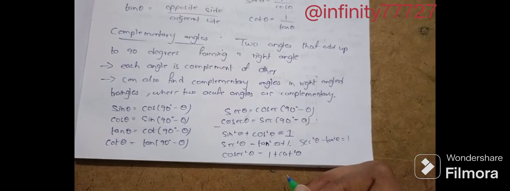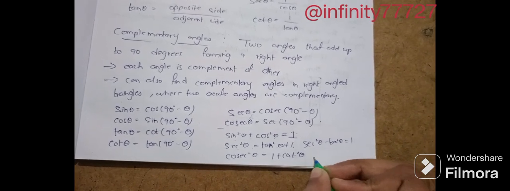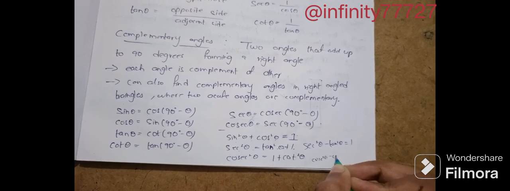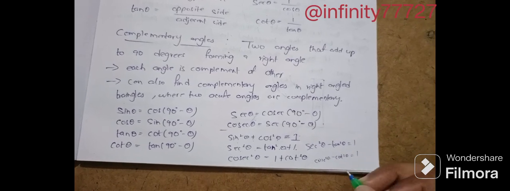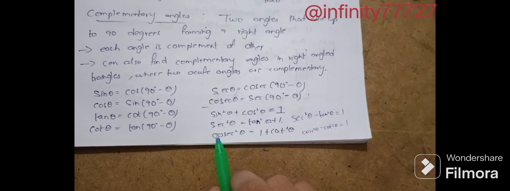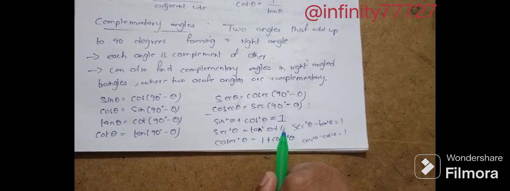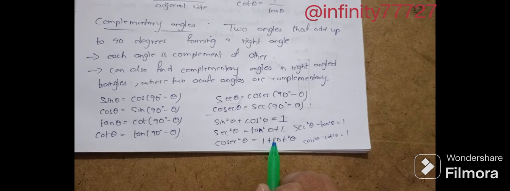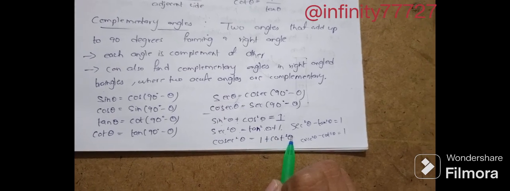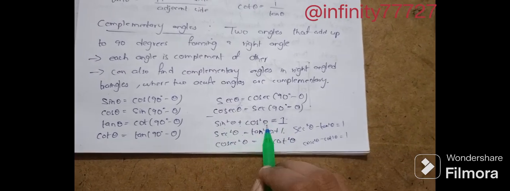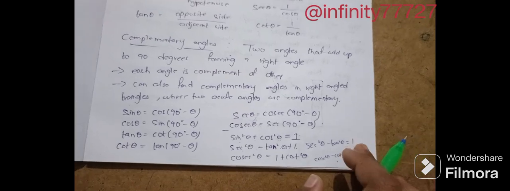Here also in the same way, cosecant square theta minus cot square theta is equal to 1. The standard formulas are these: secant square theta is equal to tan square theta plus 1 and cosecant square theta is equal to 1 plus cot square theta. So in the place of 1 we can take this or this or this, etc.